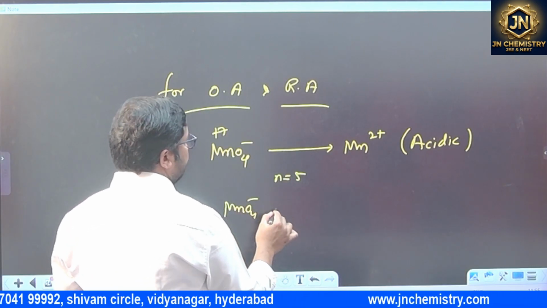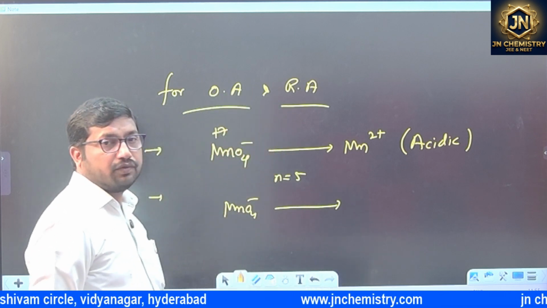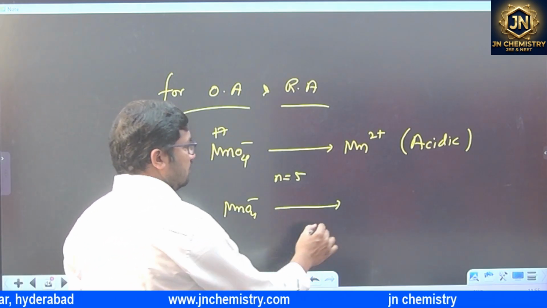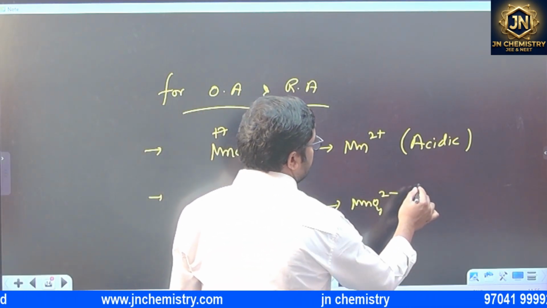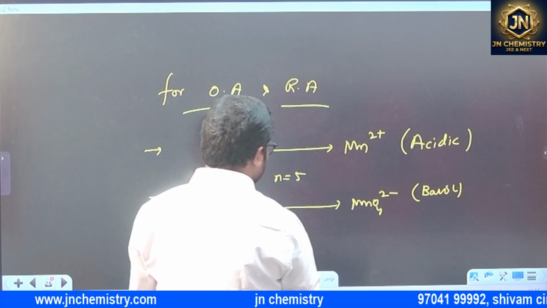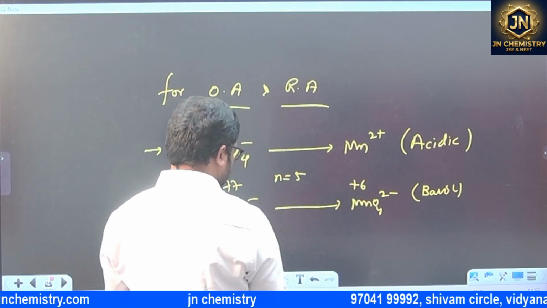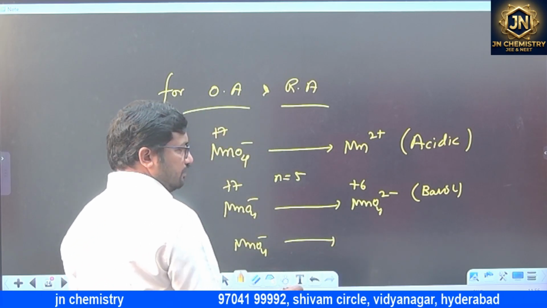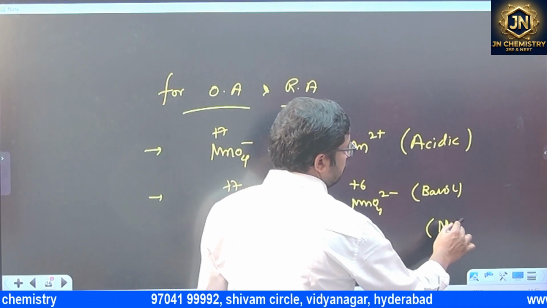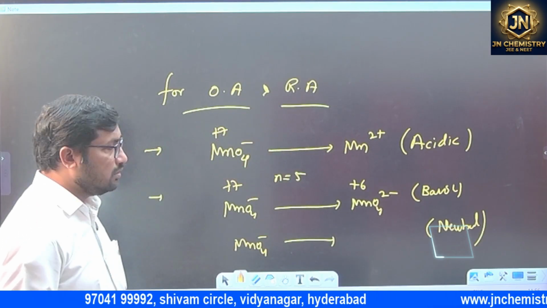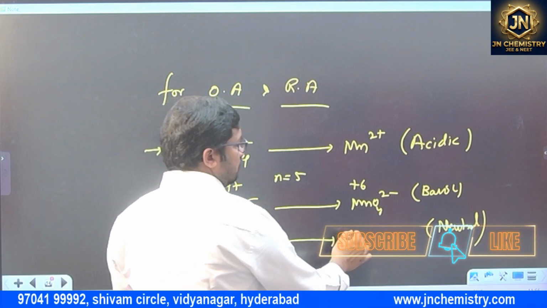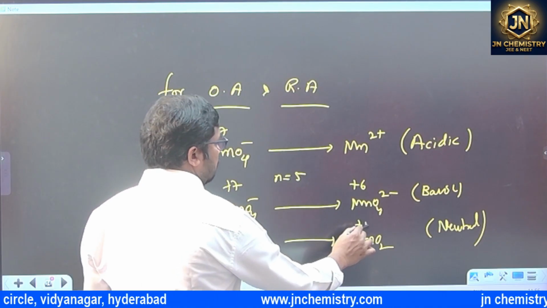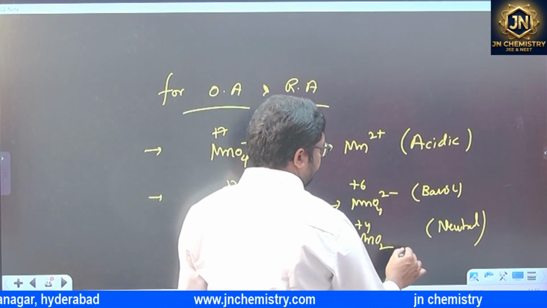MnO4 minus in basic medium gives MnO4 2 minus, plus 7 to plus 6. In neutral medium, MnO4 minus gives MnO2, plus 4, plus 7 to plus 4, so 3.